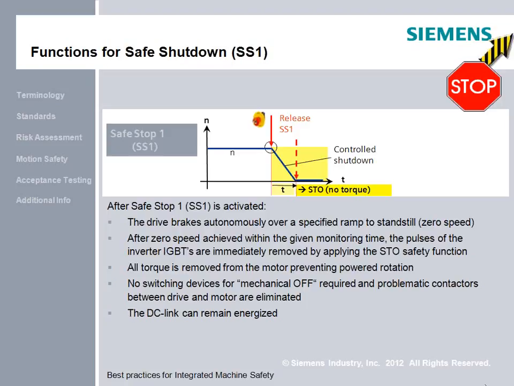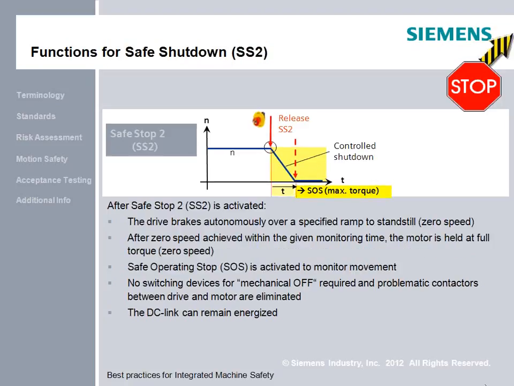When that stop is achieved, it transitions to safe torque off or freewheel, synonymous with stop category 1, in this case, safe stop category 1 or safe stop 1. Note again, the DC link, the bus system, can remain energized. There are no contactors in the circuit, so this is purely an electronic implementation.